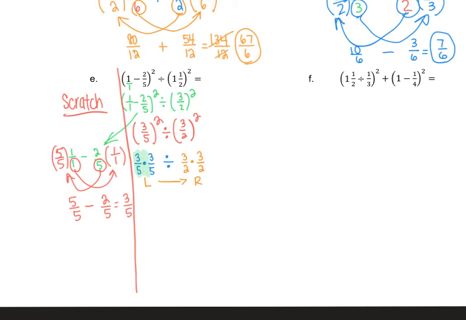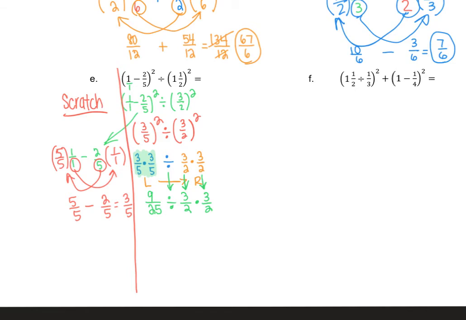I have to do this first. And when I do that, I get 9 over 25. And then it says divided by 3 over 2 times 3 over 2. All I did was bring down that, bring down that, bring down that.